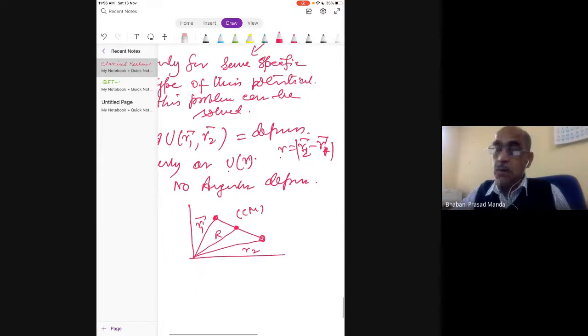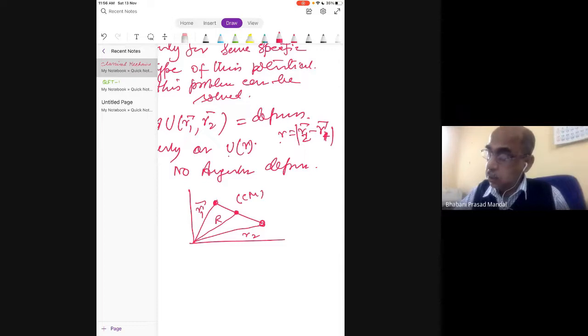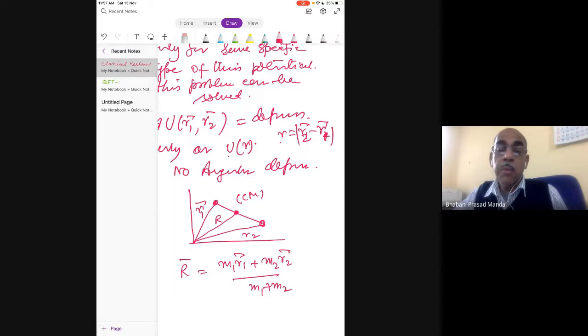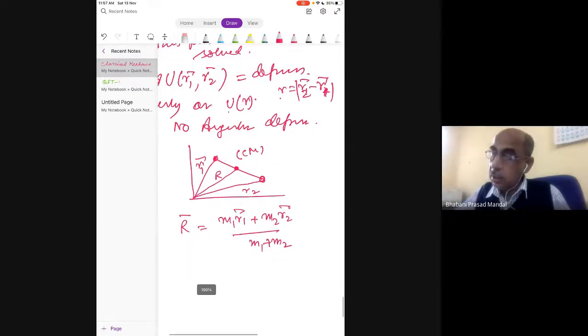Immediately you can write, as you all know, that R will be (m1 r1 plus m2 r2) divided by (m1 plus m2), by taking moments or whatever way you prove it. So this is the center of mass coordinate R. There you can also define the relative coordinate r, which is r2 minus r1.